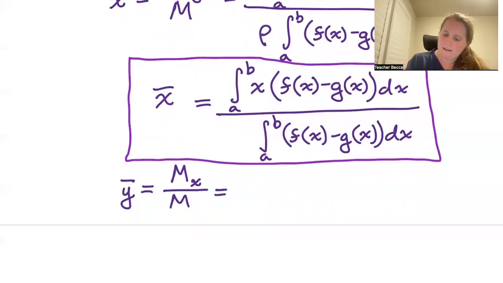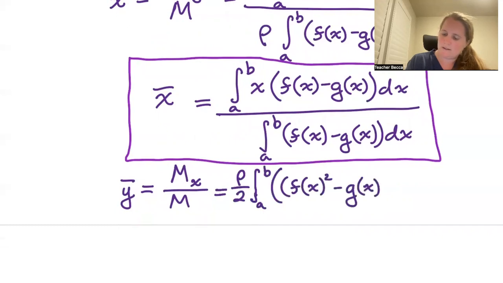again, the definite integral, rho over 2 times the definite integral from a to b of f of x squared minus g of x squared dx.